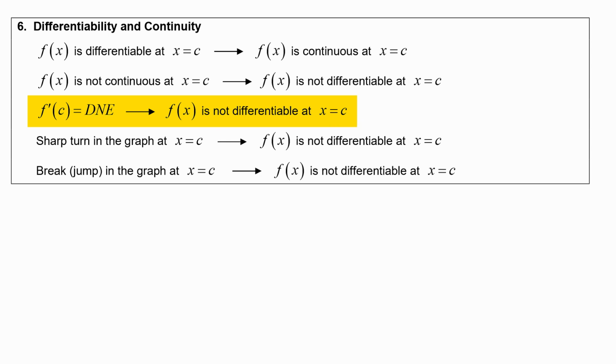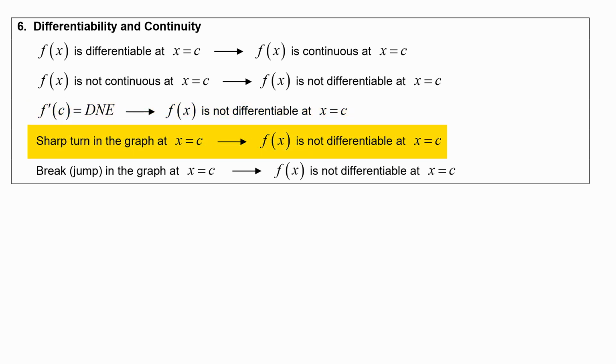For f to be differentiable, the derivative would have to exist. So if the derivative doesn't exist, that means f is not differentiable there. A sharp turn in the graph at x equals c implies that f of x is not differentiable at x equals c. So we could conclude that f prime of c does not exist there.